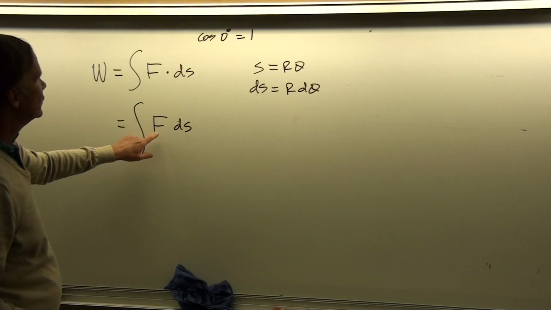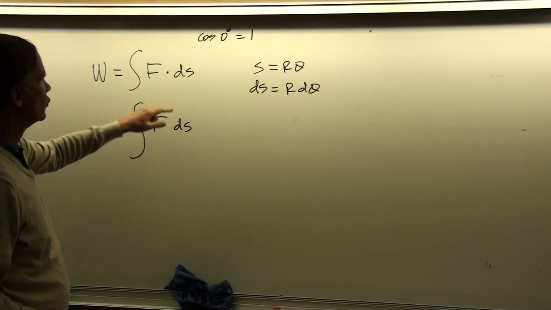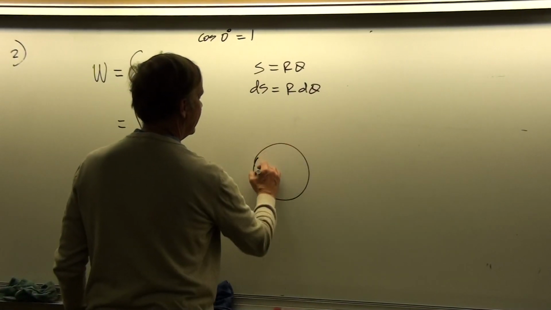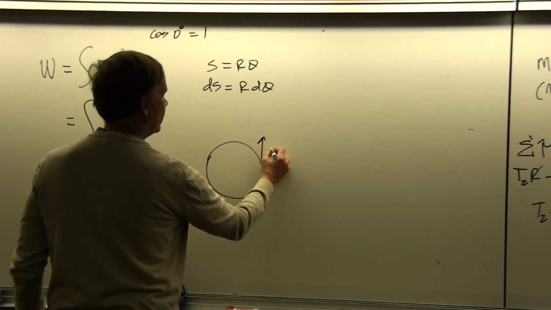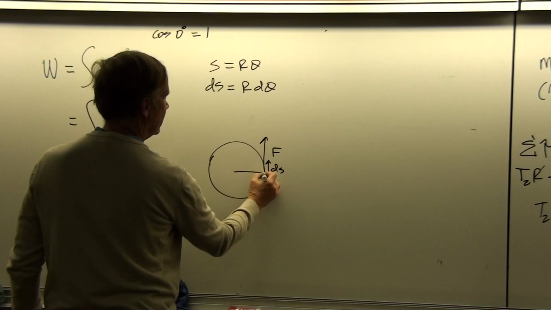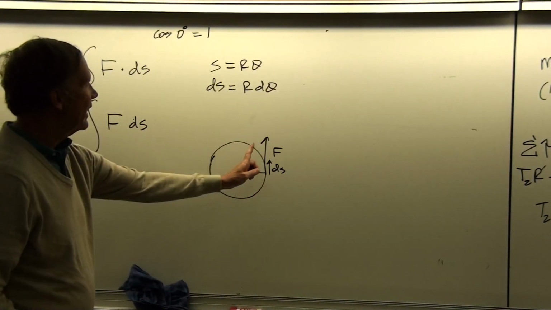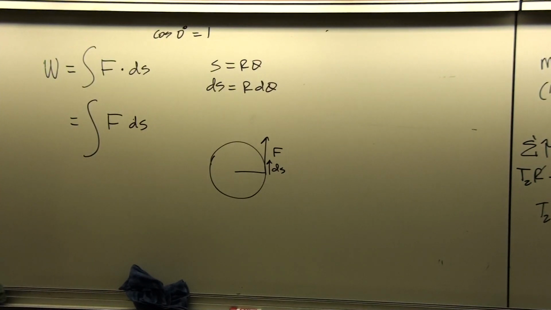In general, this would just be the part of the force that is in the same direction as the displacement. So if we had something like this, where the force is acting this way, this is our direction of the little bit of angular displacement, ds, then that would produce a pure torque. Okay?